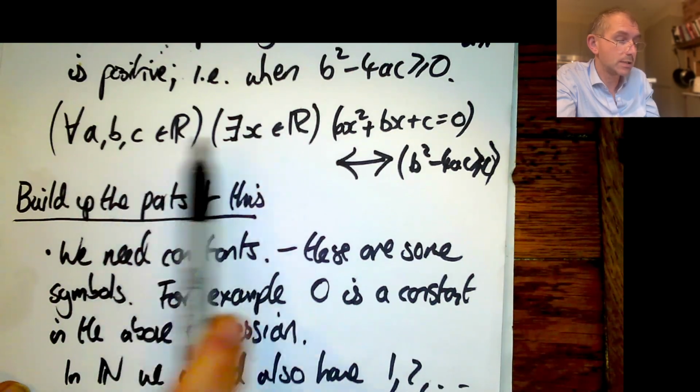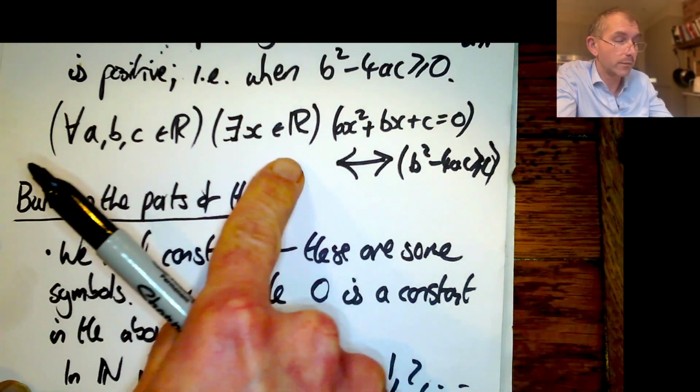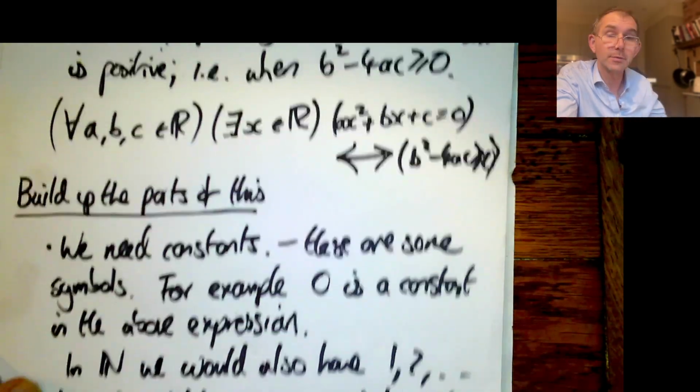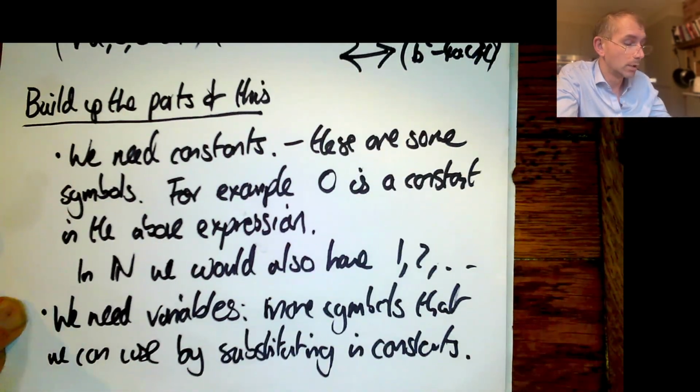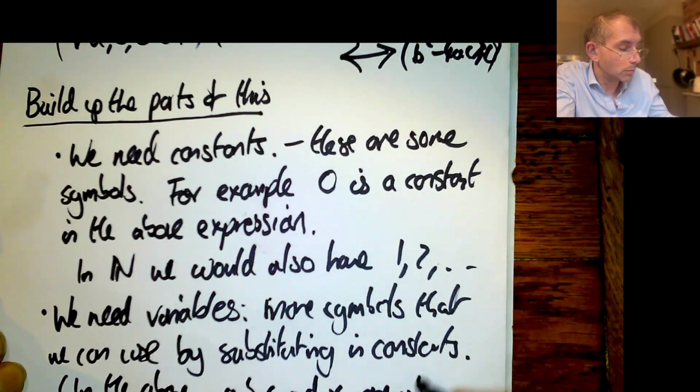So A, B, C, and X, we're treating them all as variables because we could substitute any real number for any one of these, and then this statement would still be true. Right, so in the above, A, B, C, and X are all variables.